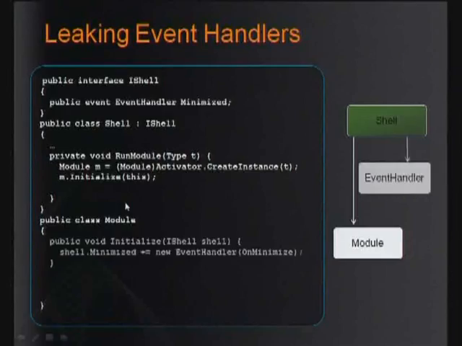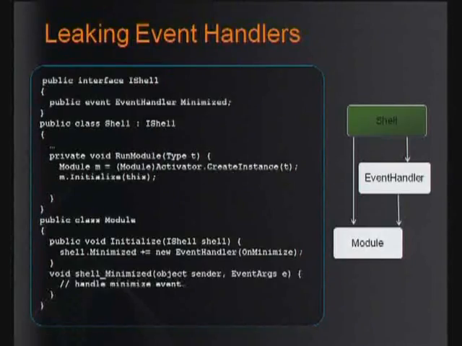The module then in the initializer basically makes an event handler, adds an event handler to the minimize event so that it can be called as and when any minimized events are fired by the shell. So you can see these are where all the references are going. Now the event handler itself then adds a reference over there. The module then is executed by the shell over here.